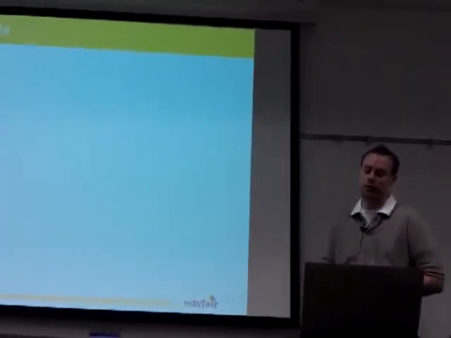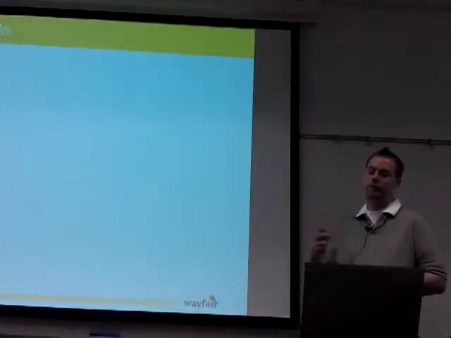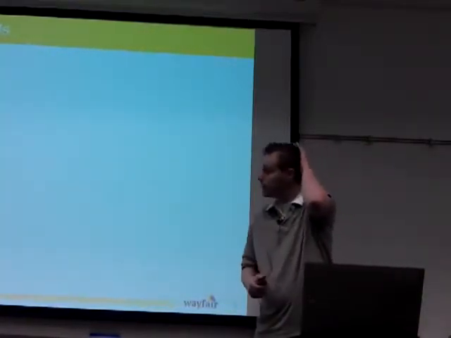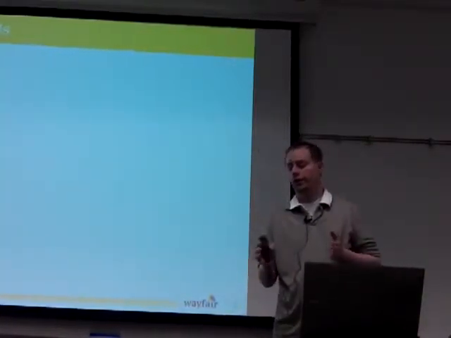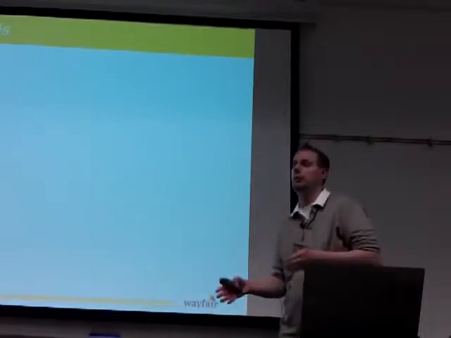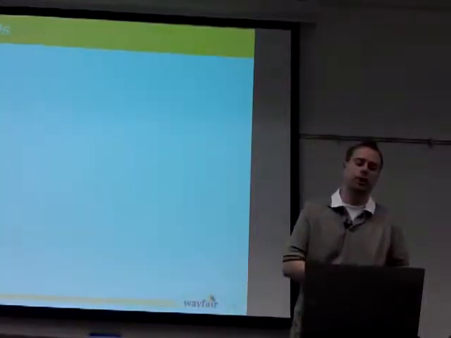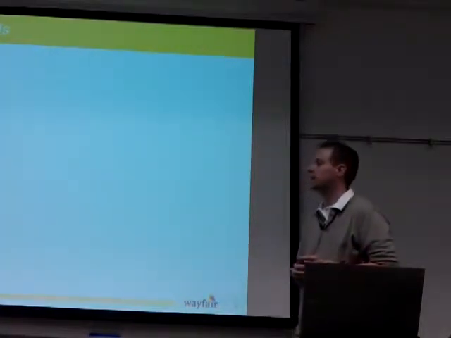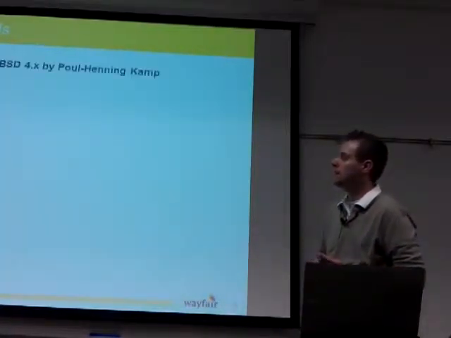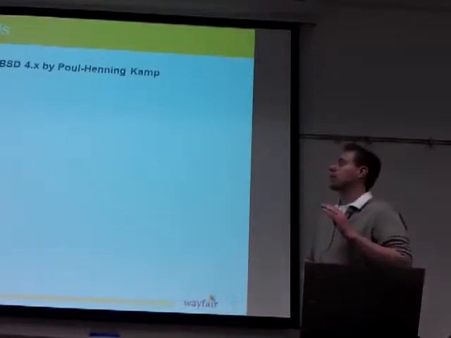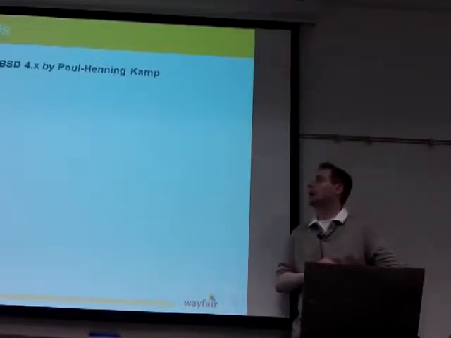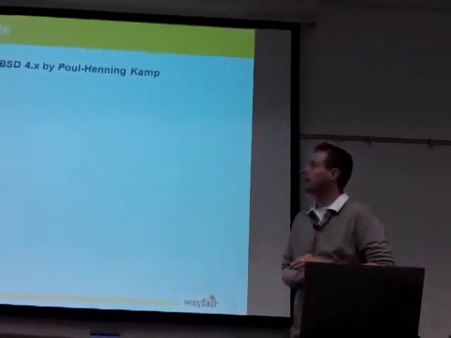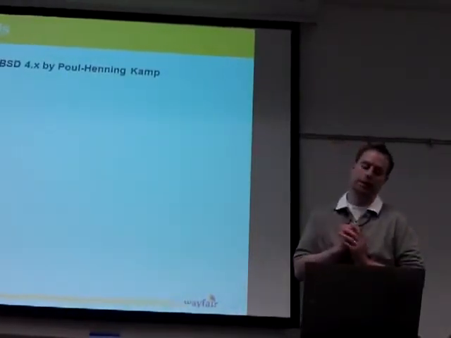That's more advanced than this presentation will cover. Technically you can run a 32-bit jail inside of a 64-bit host, and you can do some other cool things. You can run a Linux jail in a FreeBSD environment. It's pretty cool. So jails was first introduced into FreeBSD 4 by a very talented developer named Poul-Henning Kamp.